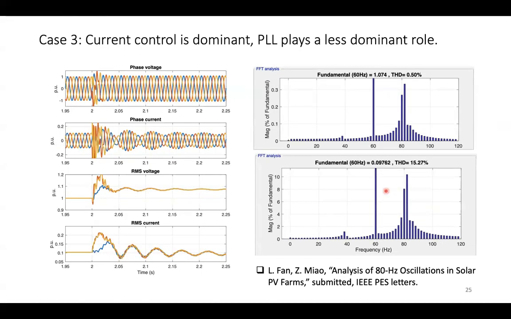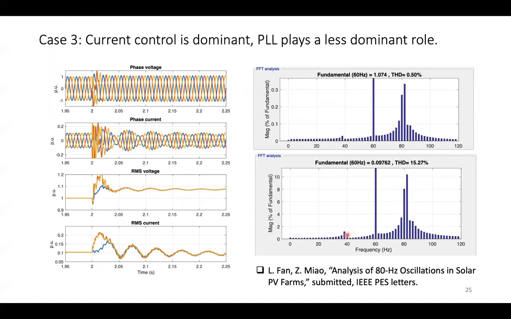Let's look at case 3. The current control is again dominant, but the PLL can also play a role. Now we see 20 Hertz again in the RMS value, and looking at the phase current it is very similar to case 1. But if we look at the FFT, then in the current you see 80 Hertz and 40 Hertz also showing up.